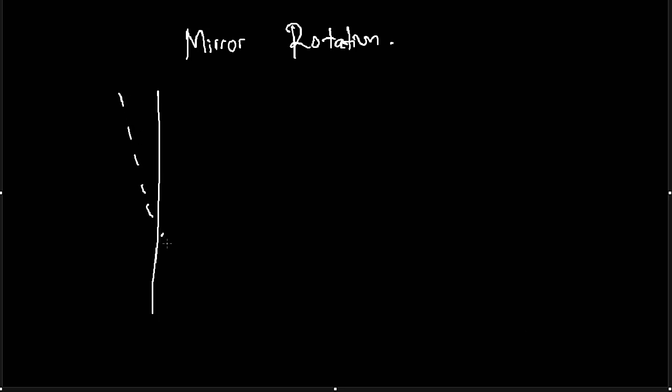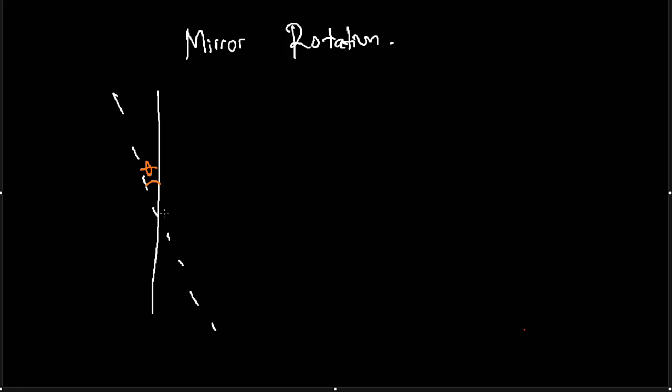I'm going to use a broken line to show we rotated the mirror. So we rotate this mirror through an angle theta. The reflected ray is going to rotate through an angle 2 theta, and that's what the law states.